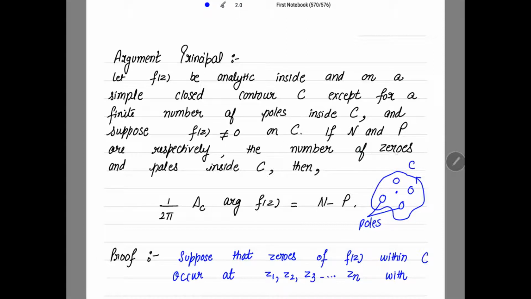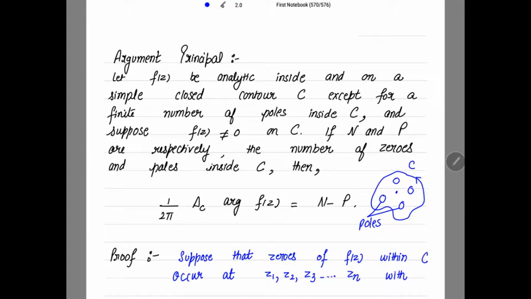If n and p are respectively the number of zeros and poles inside C, then the number of zeros are given to be n and the number of poles are given to be p, right? Then we have 1/(2 pi) delta_C argument f(z) is equal to the number of zeros minus the number of poles. This is your argument principle. So let's prove this.